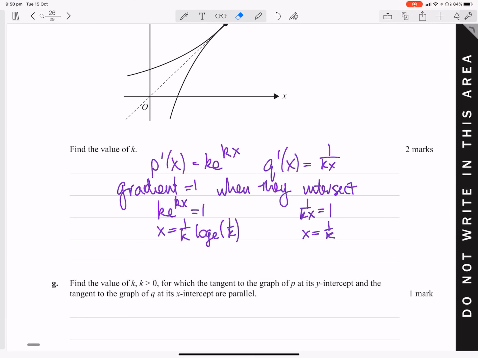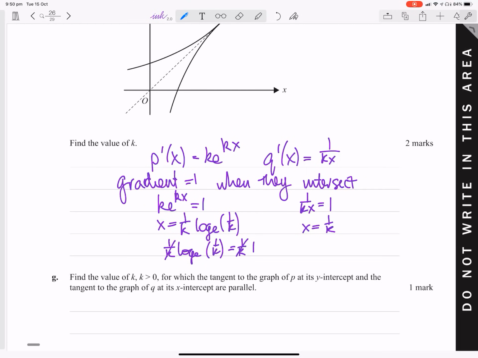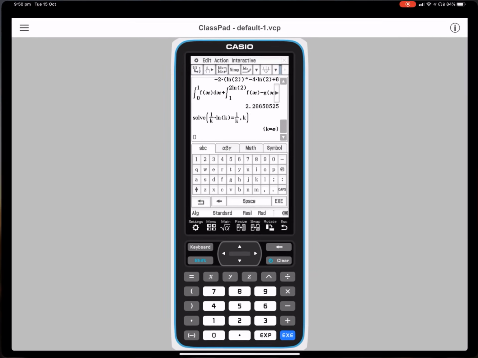Oh, so we get 1 on k log e, 1 on k is equal to 1 on k. So then from here, when I divide it across, I get 1. So did I stuff something up in this? I mean, it seems it could equal e.